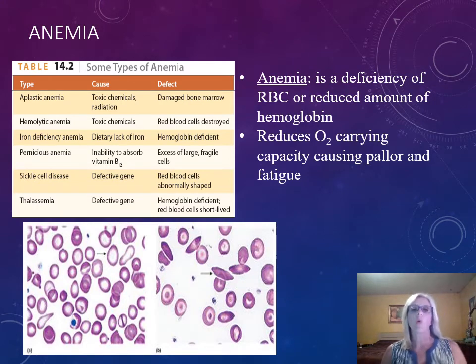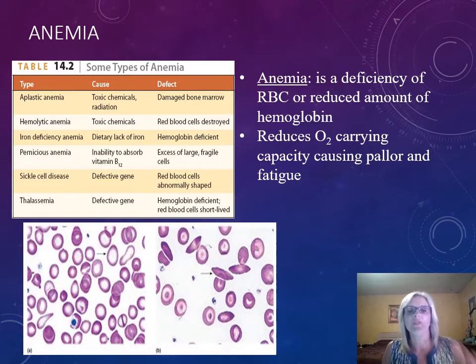So looking a little more at anemia, which is abnormal red blood cells, we have a light micrograph here on the bottom left with erythrocytes that have a central pallor or paleness to them. Here on the right you can see that they're wider in the center than some of the other ones.